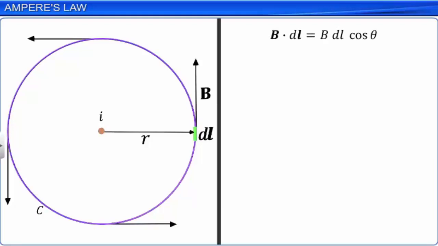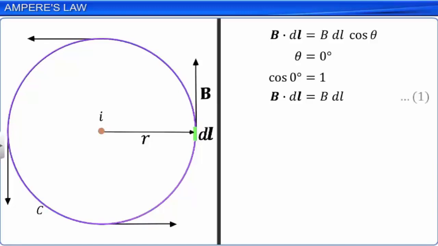Since the magnetic field and the length of the small element are in the same direction, the angle between them is 0 degrees. Cos 0 is equal to 1. Therefore, B dot dl is equal to B dl. Let this be equation 1.